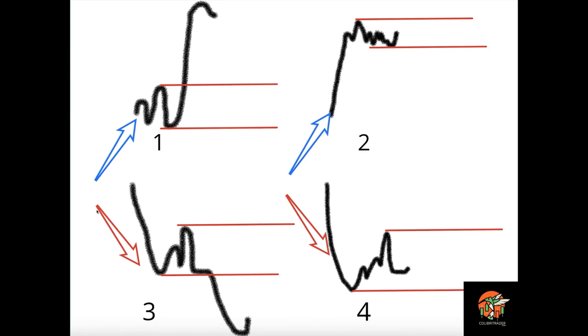On the other side, if you have a downtrend, as you can see in figure number 3, let's say this is the downtrend, then you have a new low here, and then you have formation of a cluster.